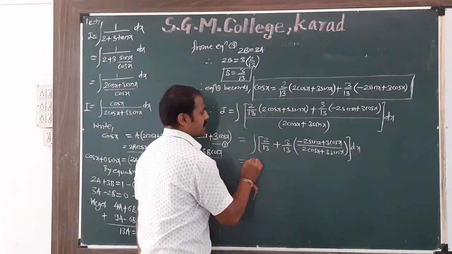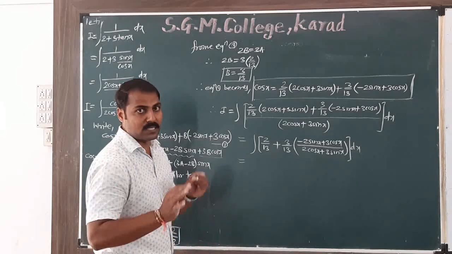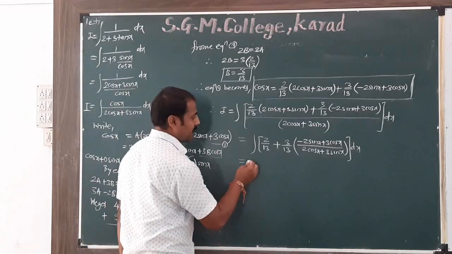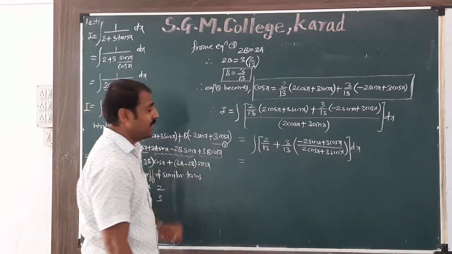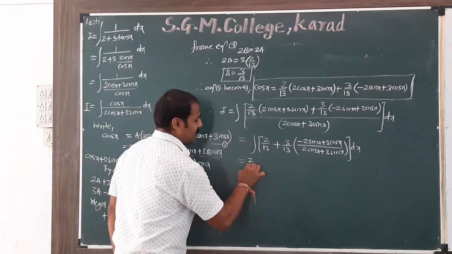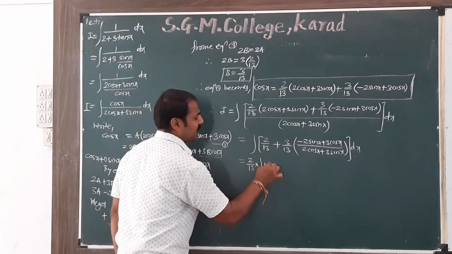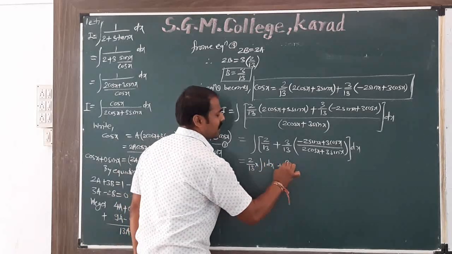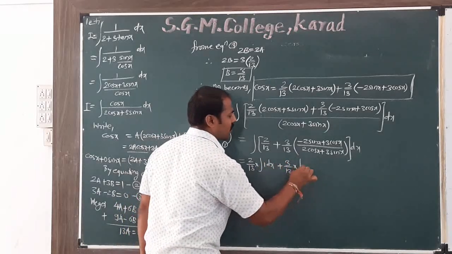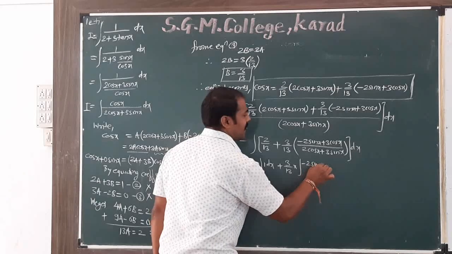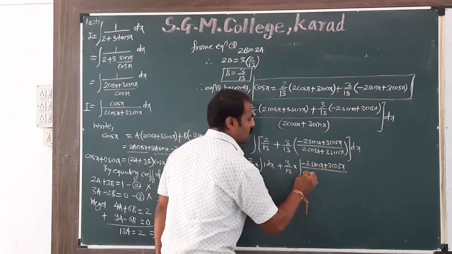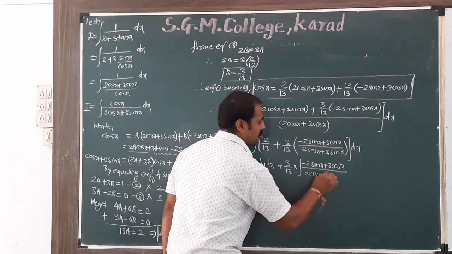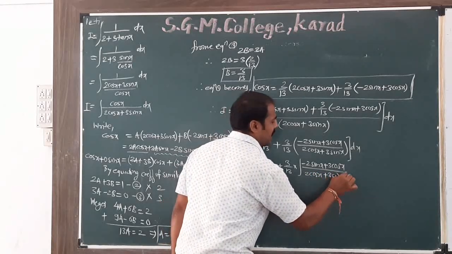Inside the integration there is addition, so we separate the integration sign, and since there is a constant, we take the constant outside the integration. Directly, 2 divided by 13 into the integration of 1 dx, and 3 divided by 13 into the integration of minus 2 sin x plus 3 cos x divided by 2 cos x plus 3 sin x dx.